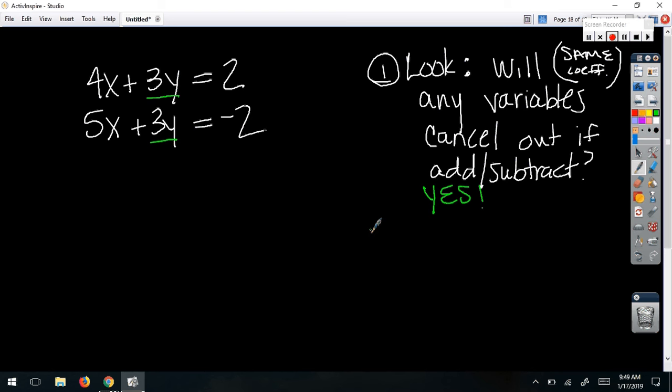Before you subtract or add, you want to make sure your equations look the same way. In other words, your x's and y's are on the same side. So make sure both equations are in standard form. What is standard form?